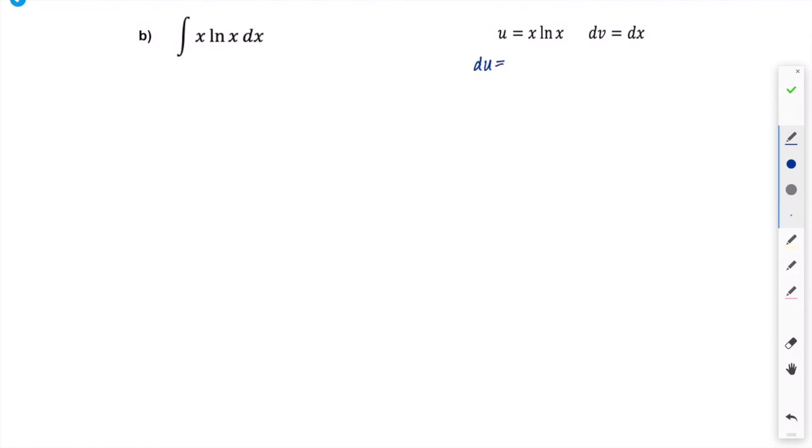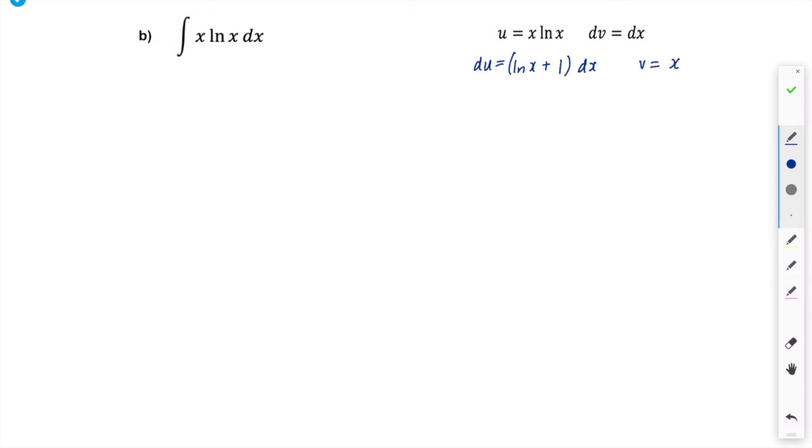Okay, so let's take the derivative of u first. Du, well, we need to use product rule here. So the derivative of x is 1 times ln x plus x times the derivative of ln x, which is 1 over x. So I have ln x plus 1. Okay. And of course dx. And then for dv equals dx, v must be x then.